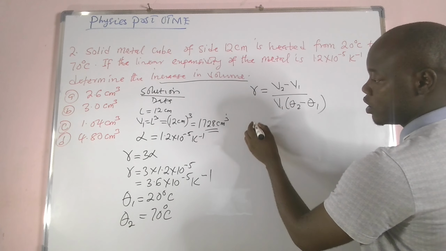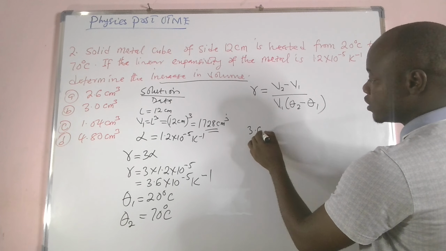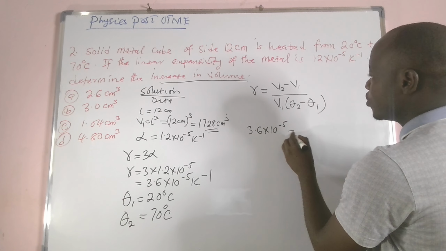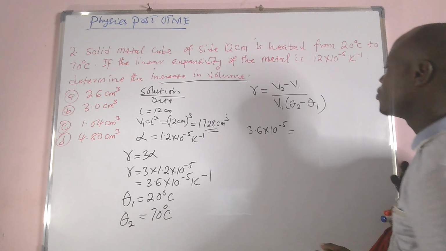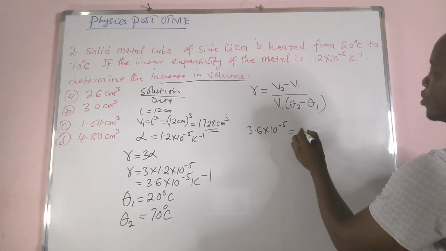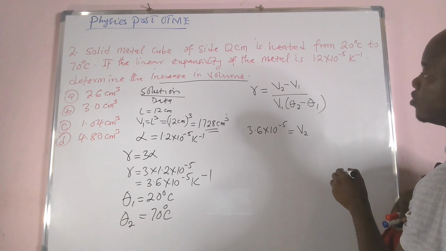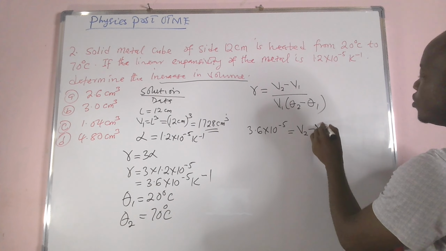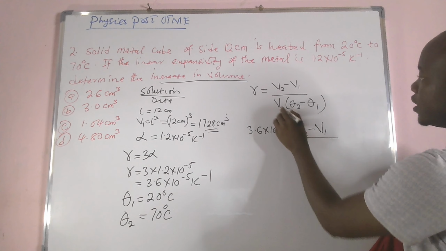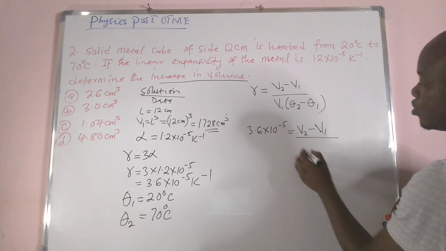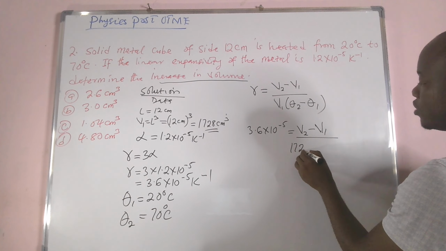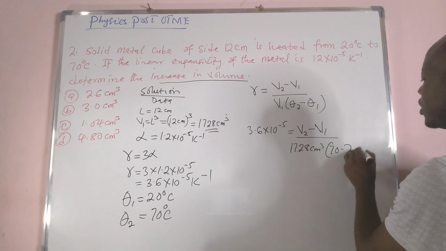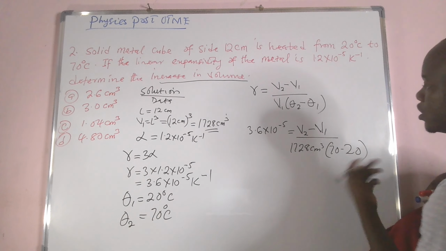So we have our gamma here as 3.6 times 10 raised to the power of minus 5, equals to, the V2 is unknown, and of course what we want is the increase. So V2 minus V1 is what we are going to get, divided by V1, which is 1728 centimeter cube. And then we have the temperature 70 minus 20, which will give us 50.